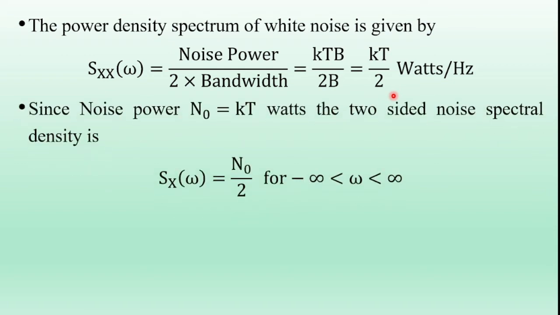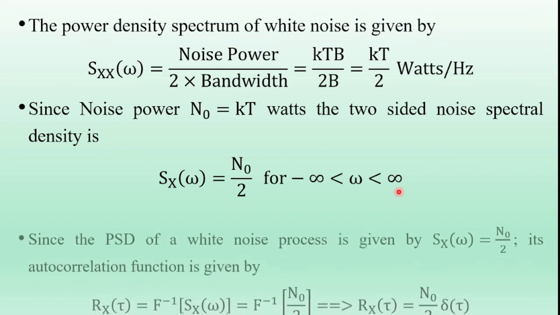Since noise power N0 is equal to kT watts, the two-sided noise spectral density is given by Sxx of omega equal to N naught by 2 for all frequencies, that is, from minus omega to plus omega. The power spectral density of the random process is a constant value, and that constant value is N naught by 2.